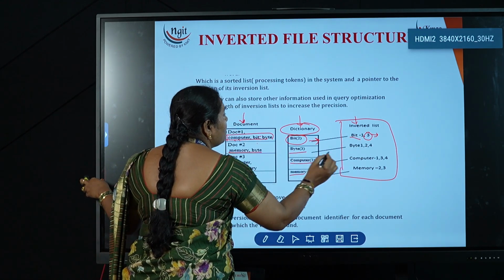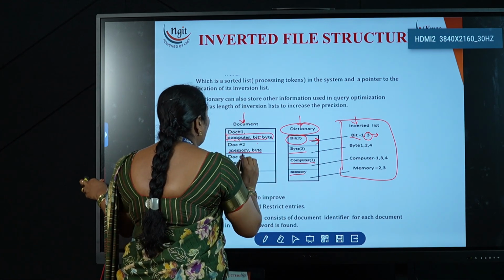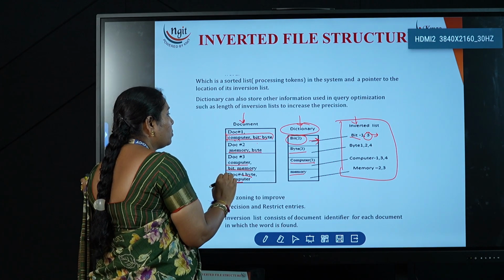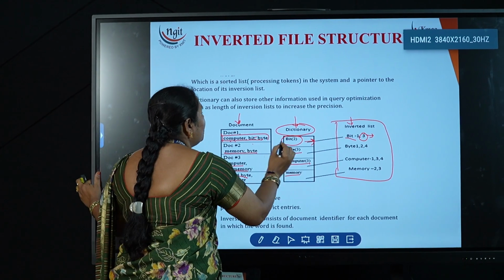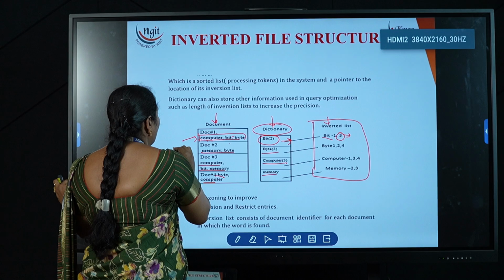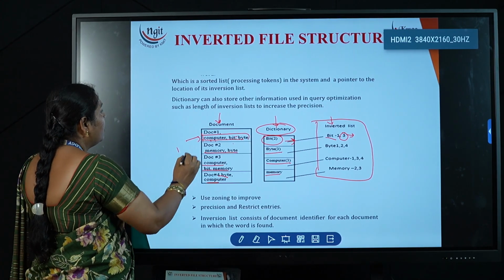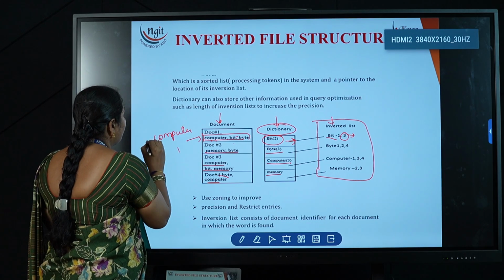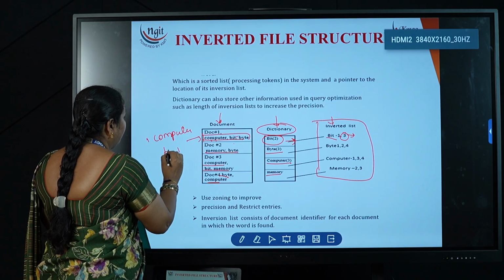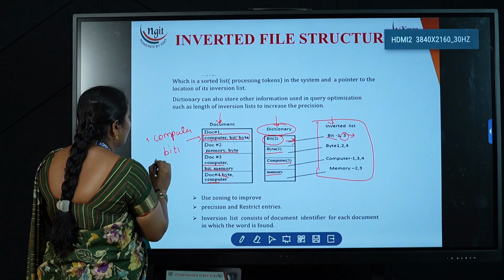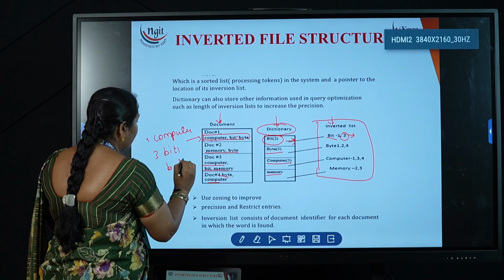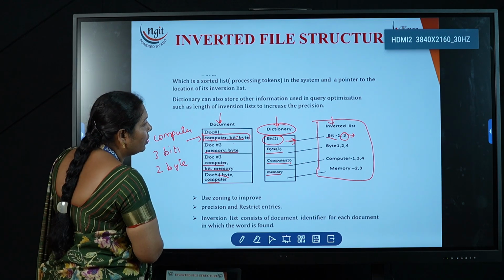Similarly byte 1, 2, 4. What you are going to store in the document and what values you are going to mention? Suppose I take 1 before that. If you take computer, I will number it as 1, bit as 3, and byte as 2.